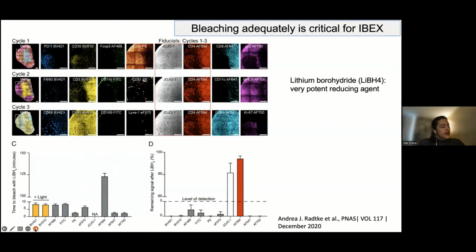One aspect is critical for you to achieve the many different cycles. The nice thing about this methodology is not only that you can stain up to 6 or 7 molecules in the first cycle, and what's going to determine the number of molecules that you can stain per cycle is the capacity of the confocal microscope that you have.